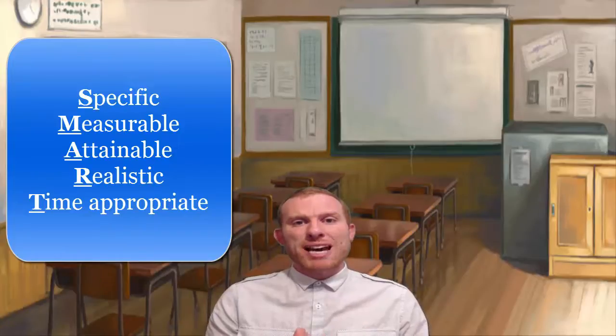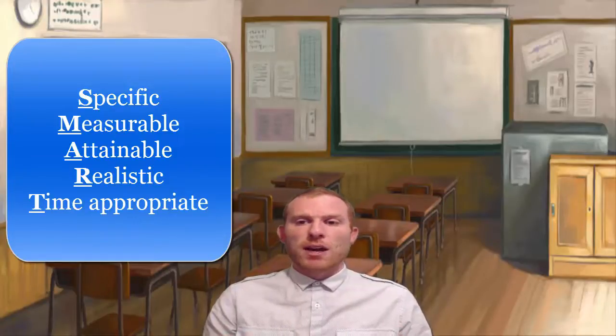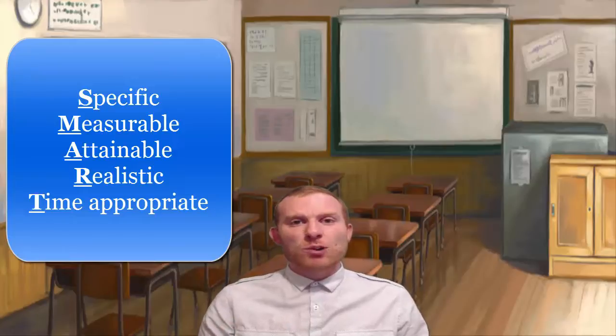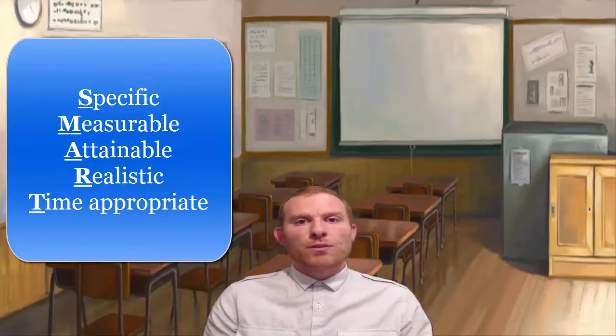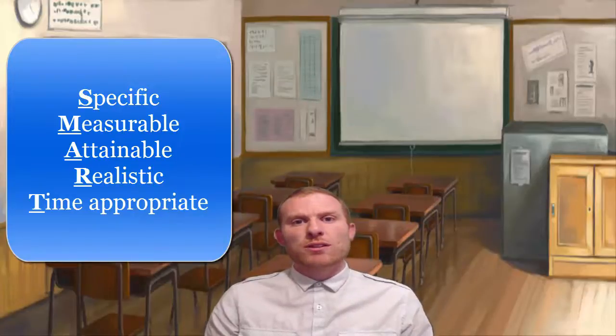What we mean by specific is to ensure that our objective is as focused as possible and not wishy-washy and too broad. It needs to be measurable, so it needs to feed into the outcomes. It needs to allow you to create and write really good lesson outcomes. It is all underpinned by the lesson objective.